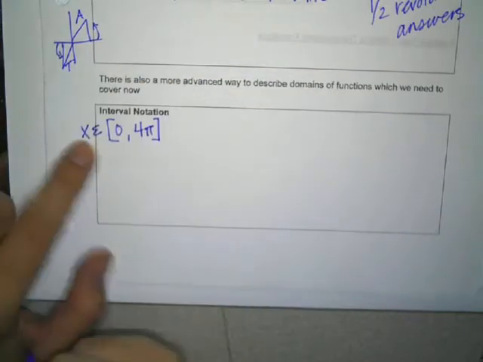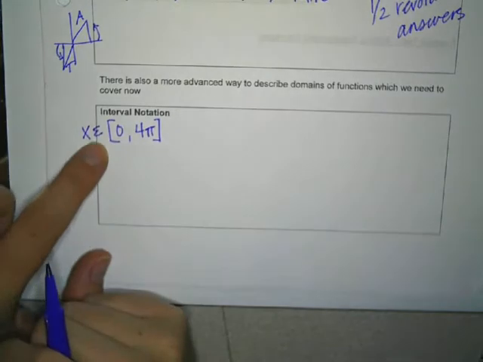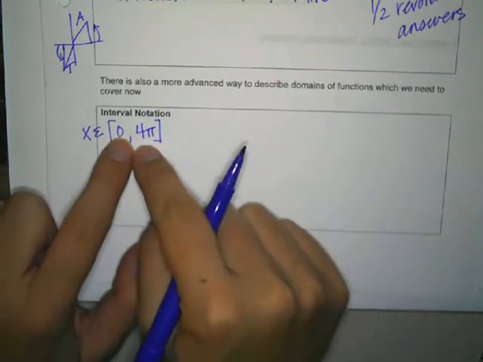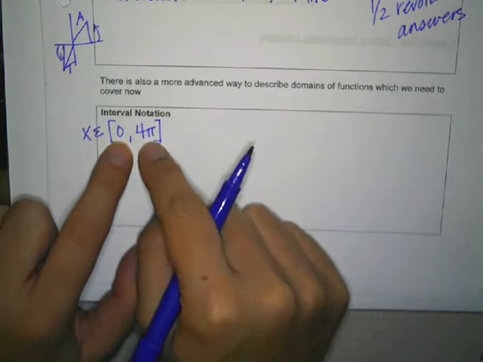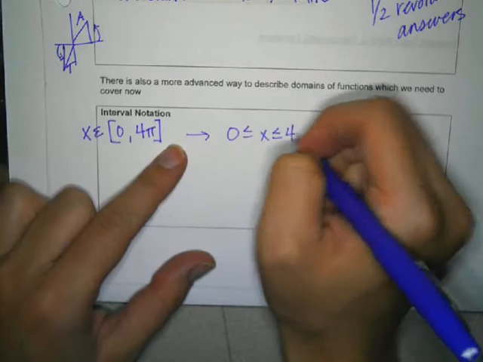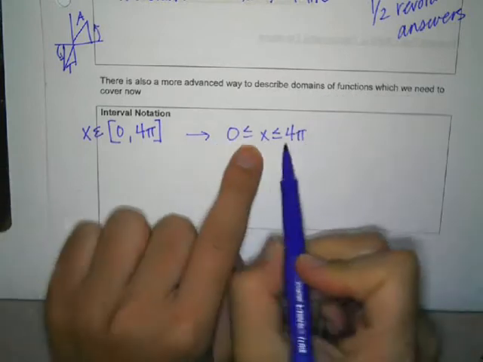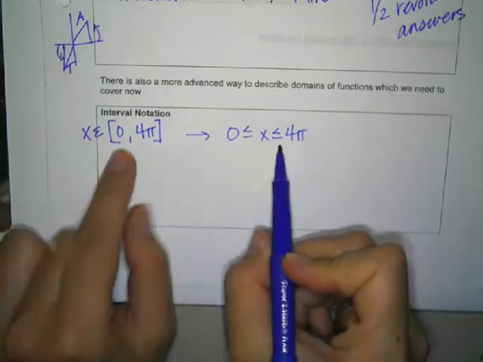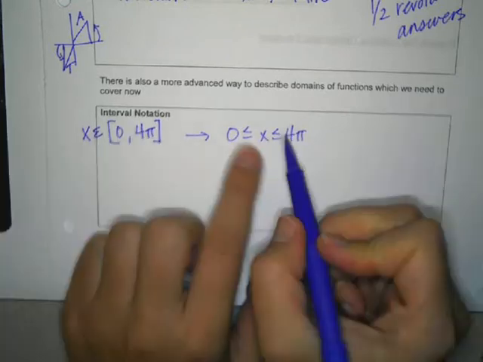That's what that means, x is an element of. Then you'd have brackets, and then a range of values from 0 to 4 pi. The meaning of that is that your x value is between 0 and 4 pi or equal to. So the brackets close it in, that means that you have equal to bars.